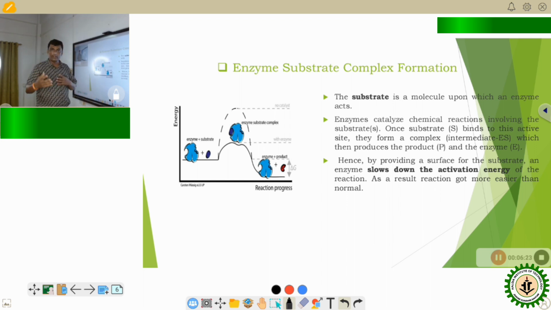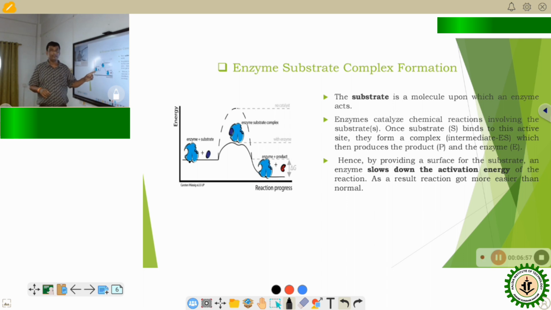In that case, once the catalyst is activated, and the enzyme and substrate come in contact, they bind with each other, and the substrate binds at the specific site of the enzyme, forming the enzyme-substrate complex. The enzyme is stable and the substrate is also stable, so both are non-reactive.